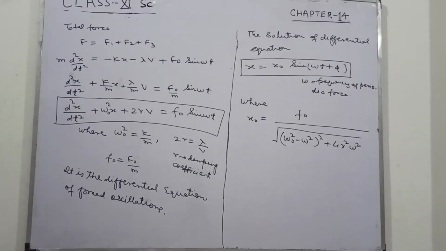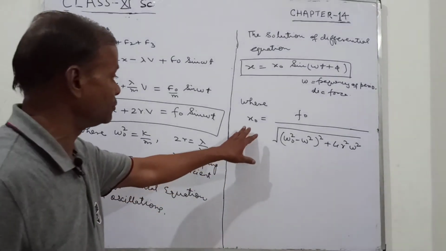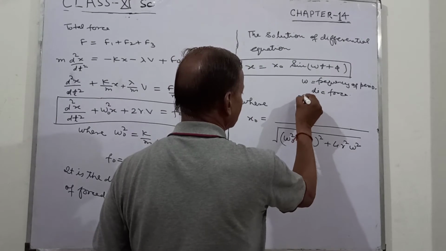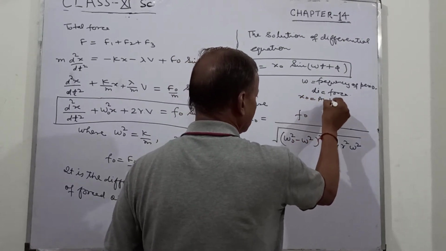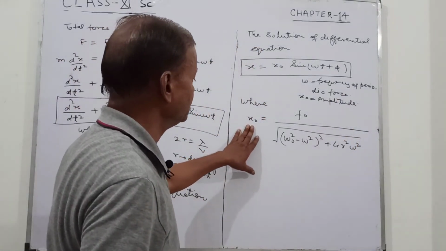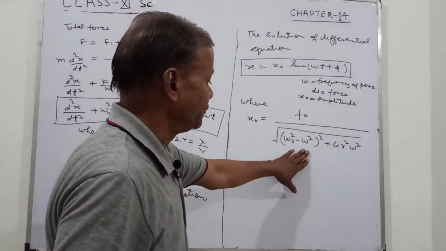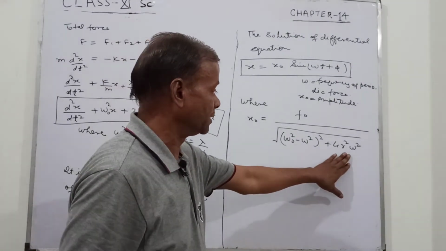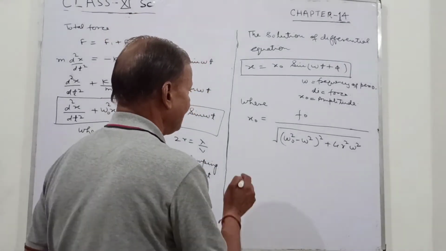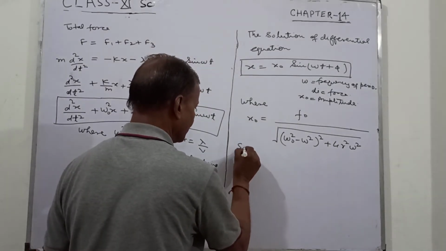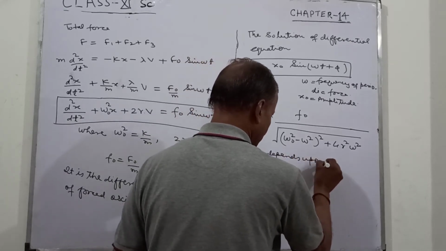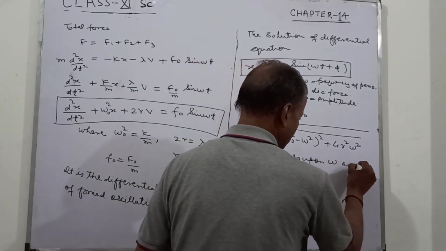And you can see that x naught is the amplitude, and it depends upon the frequency of the applied force, the damping coefficient, and the natural frequency. So x naught depends upon omega and r.